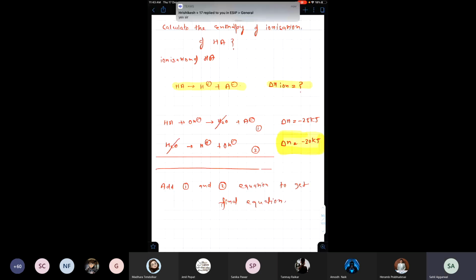Water and water will get cancelled out. OH and OH will get cancelled out. That means you have not done that particular part. So delta H will be minus 55 kilojoule.